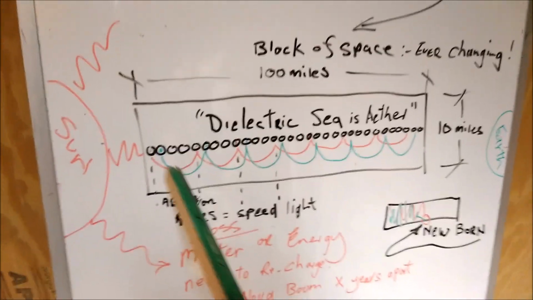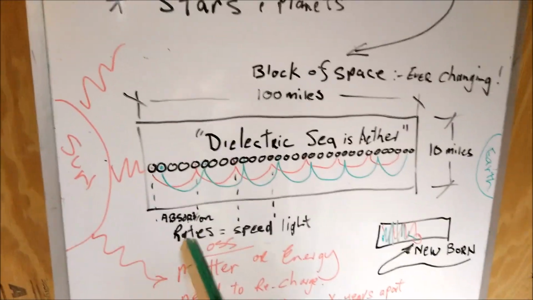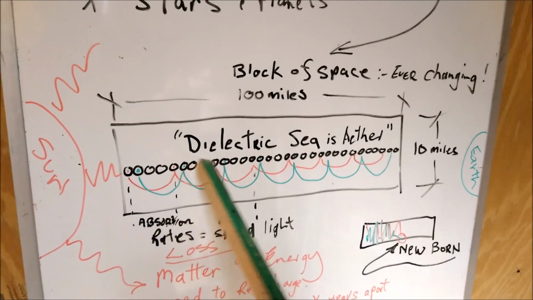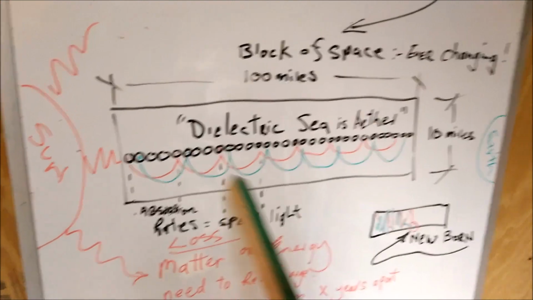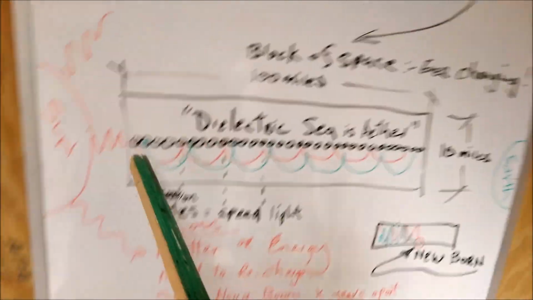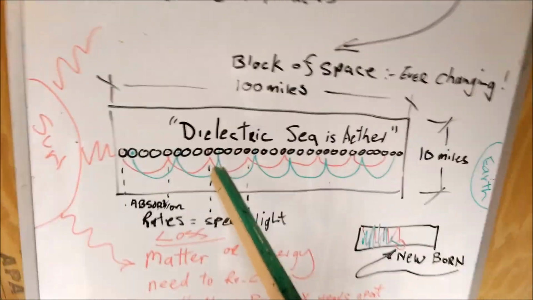If you can imagine, in this total sea of dielectricity, all sorts of wavelengths of light travel at any one instance. And what I'm going to suggest now is that as the light travels, it interacts with itself.